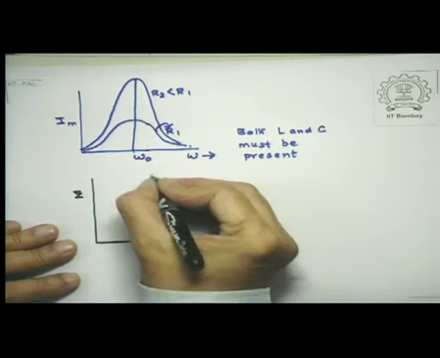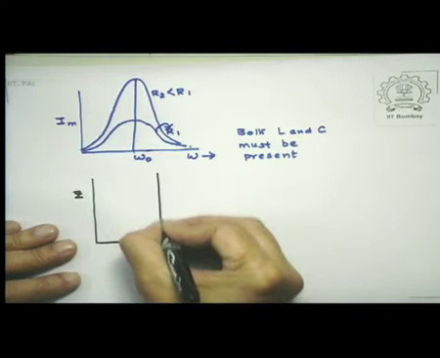On either side of the frequency, the impedance rises. Whether the capacitive reactance is more or the inductive reactance is more is totally immaterial. So what we get is something like this.